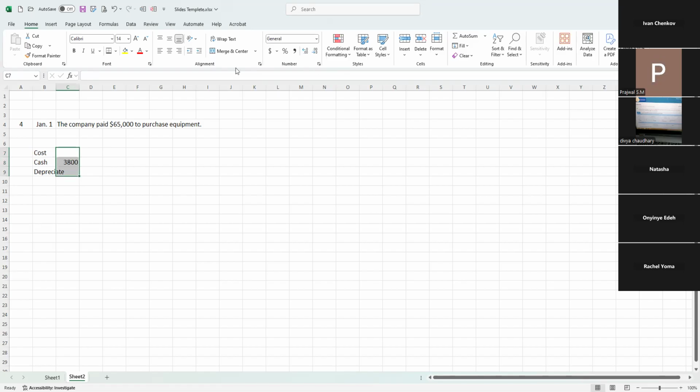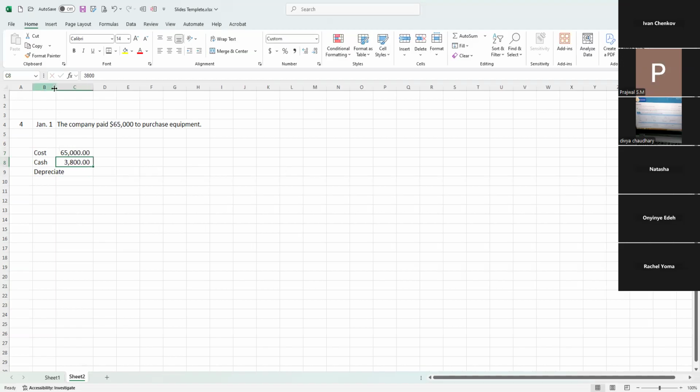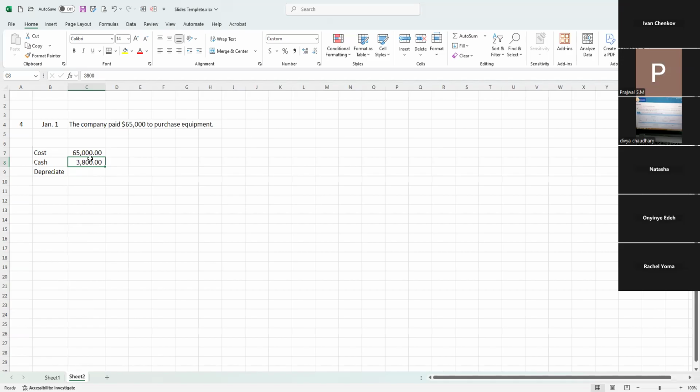So our cost for the equipment, we pay 65,000. And we can get cash once we sell it, 3,800. So how much do we have to depreciate? 61,200. 65,000 minus 3,800. That's how much we have to depreciate.